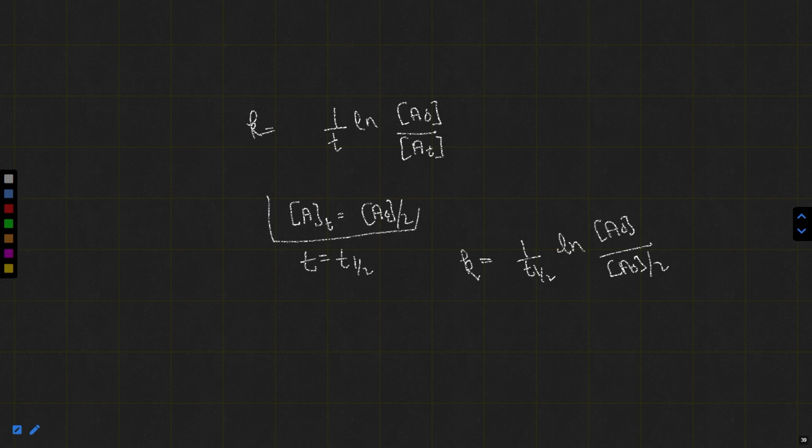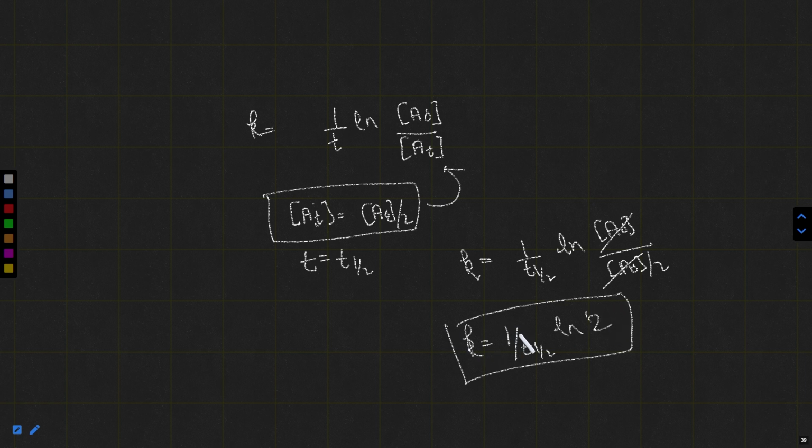So we have substituted this value here. Don't get confused, I have written it outside. Now this and this will be cancelled out, and we will get K is equals to 1 by t half ln 2. This will be our final value of K for a given t half.